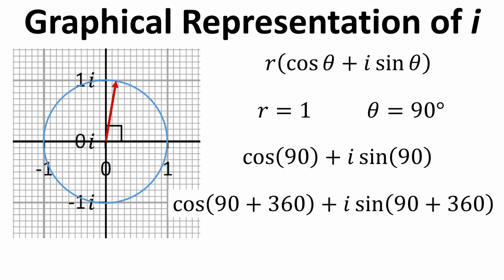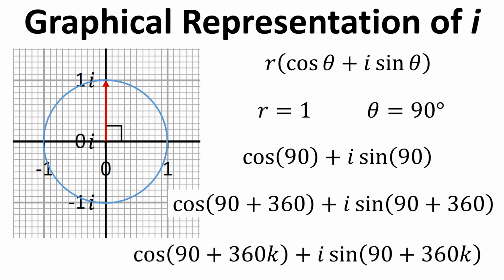In fact, we can go round any number of times, and for each 360 degree rotation, we get back to i. So we can write cos(90 + 360k) + i sin(90 + 360k), where k is the number of rotations that we've made around the circle.